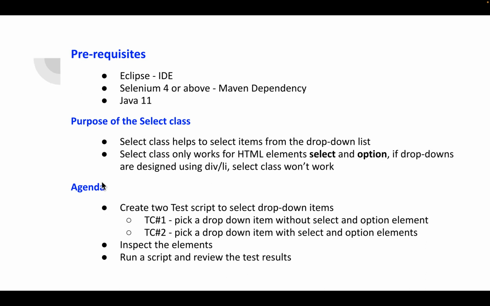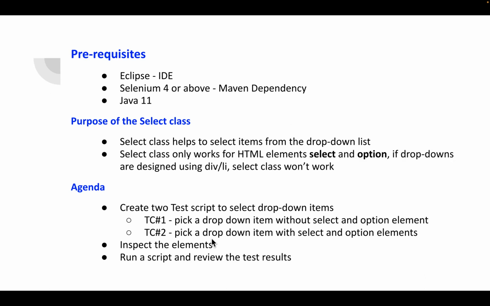And this is the agenda for today's session. We are going to create two test scripts to select drop-down items. In test case one, we are going to pick a drop-down item without select and option HTML elements.